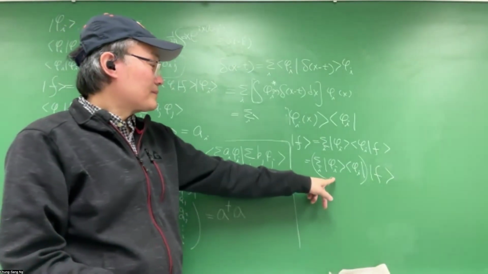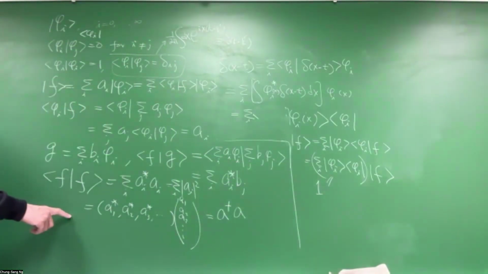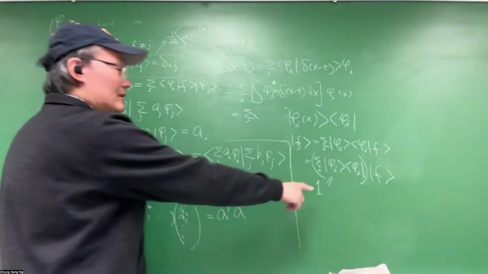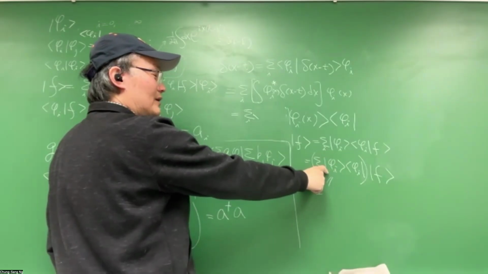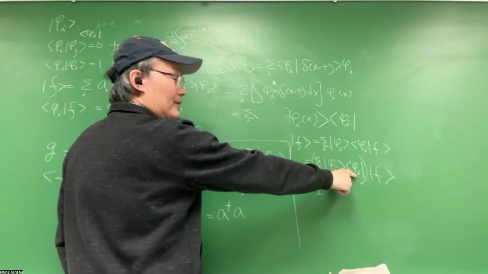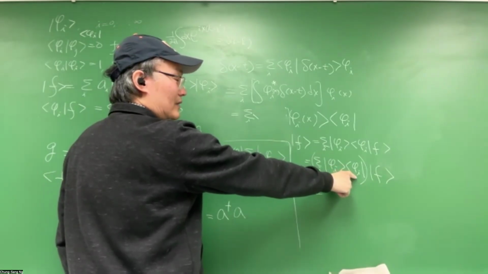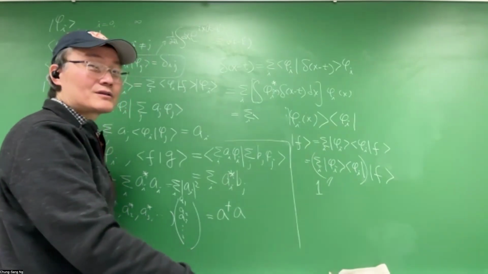And if you go back to the column vector and row vector, you know that this ket vector becomes a column vector, and this becomes a row vector. A column vector multiplied by a row vector becomes a matrix, right?